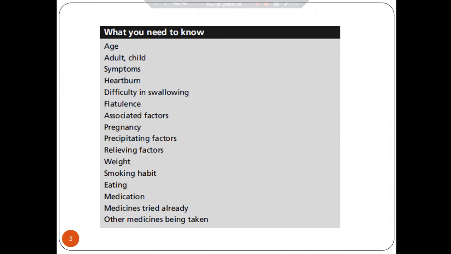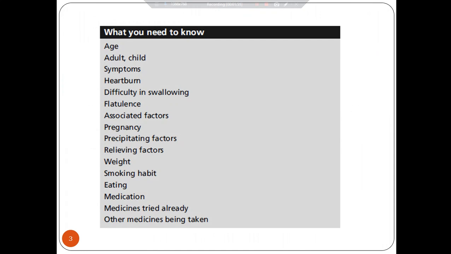What you need to know as the community pharmacist to respond well to a patient or customer that complains from the symptoms of heartburn: You should know the age, is it an adult or a child, and the symptoms, the heartburn, is there any difficulty in swallowing, flatulence, and other associated symptoms. If the patient is pregnant, because pregnancy is one of the precipitating factors usually accompanied by heartburn.